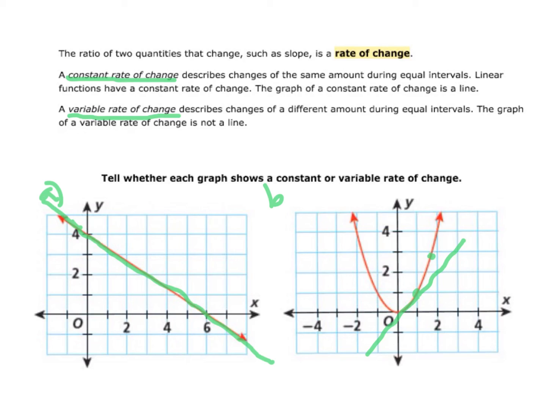But up here, the line is now traveling in that direction. And over here, well, the line's slope is actually negative. In essence, a variable rate of change will never be a straight line because the slope will always be changing.